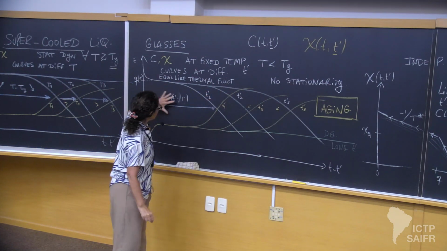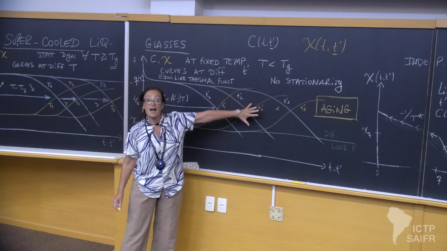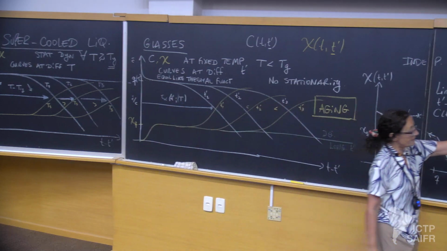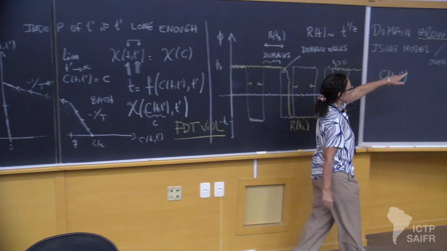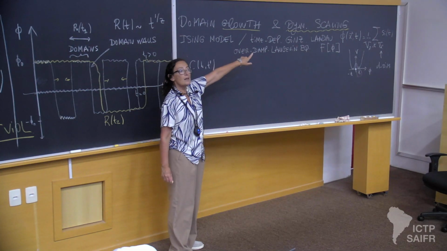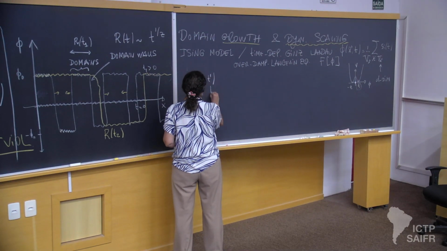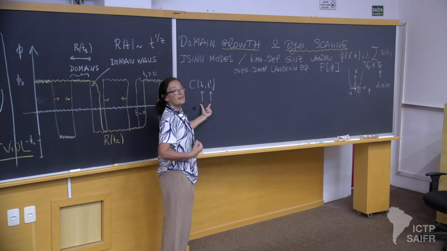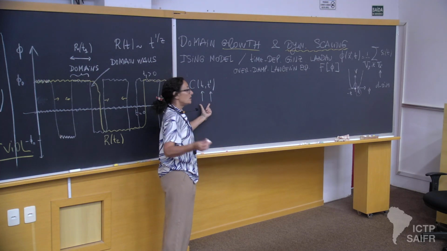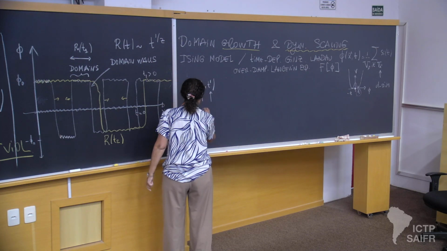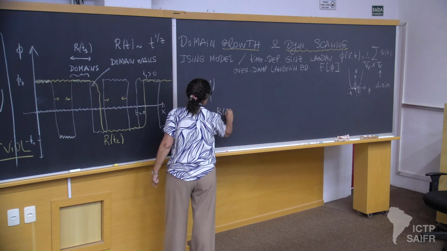But if you look at time delays which are long enough, in this context you say, let me use dynamic scaling. What does it mean? It means that the times here cannot appear independently and alone. They will appear only through R of t and R of t prime.